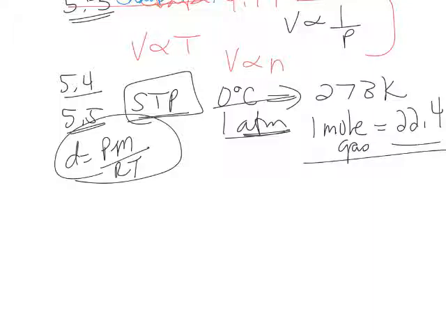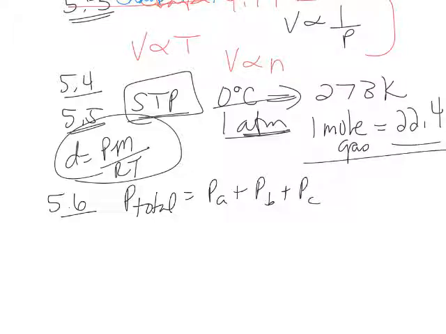5.6 talks about partial pressures. I would be able to work a couple problems with that and know that the P total is just a combination of each gas, Dalton's law of partial pressures. And then you have the mole fraction, which is proportional to the total moles.